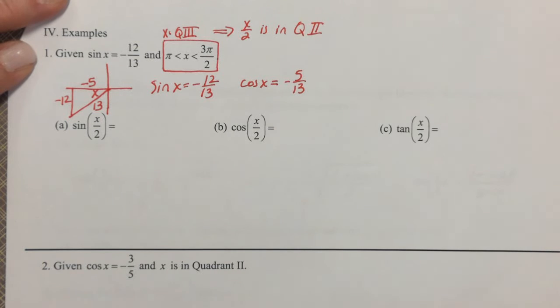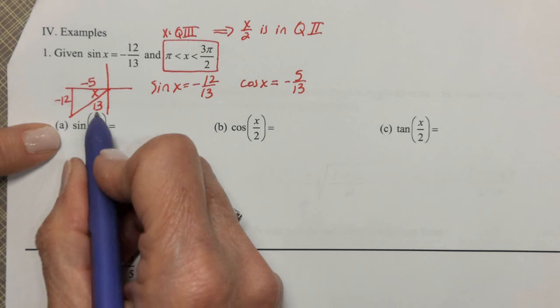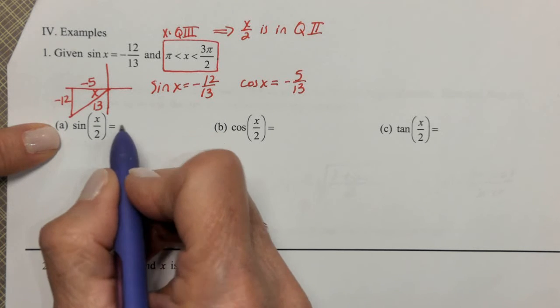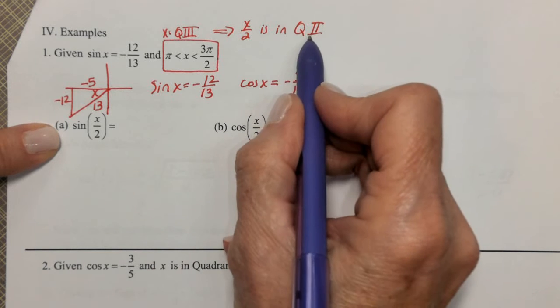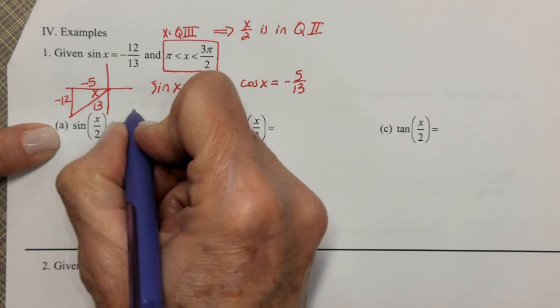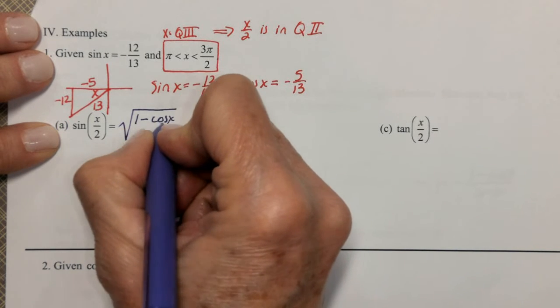Okay? Formula time. The formula for sine of x over 2 is positive or negative, but you're only going to write 1. You have to put the correct one. In quadrant 2, sine is going to be positive, so we only keep the positive: square root of 1 minus cosine x over 2.